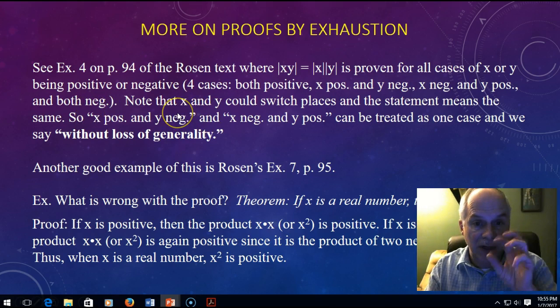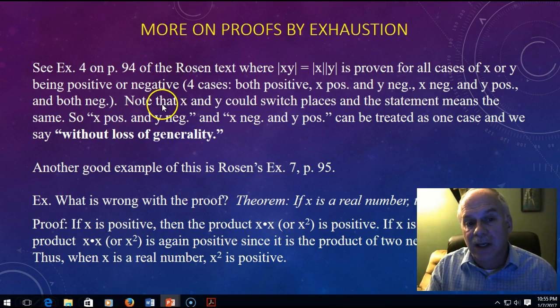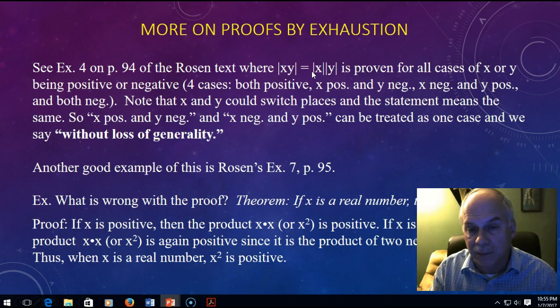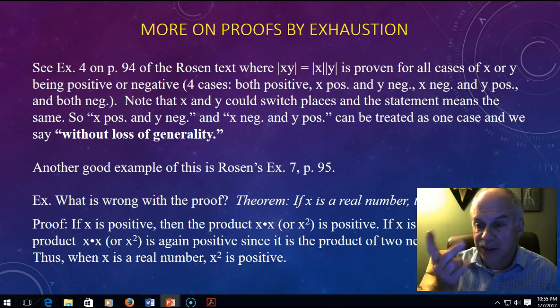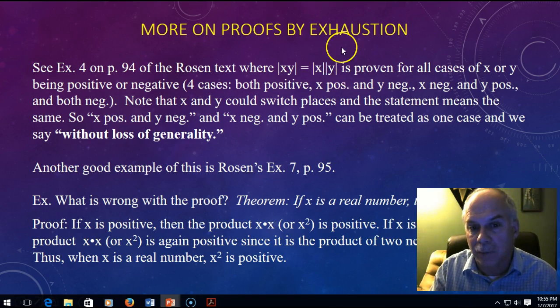So you have several cases, 4 cases, and you can look at this equation and note that x and y could be switched in their positions in that equation. Instead of absolute value of xy equals absolute value of x times absolute value of y, that could be switched around and be absolute value of yx equals absolute value of y times absolute value of x. So in other words, x and y could switch or exchange places and it would still be true.